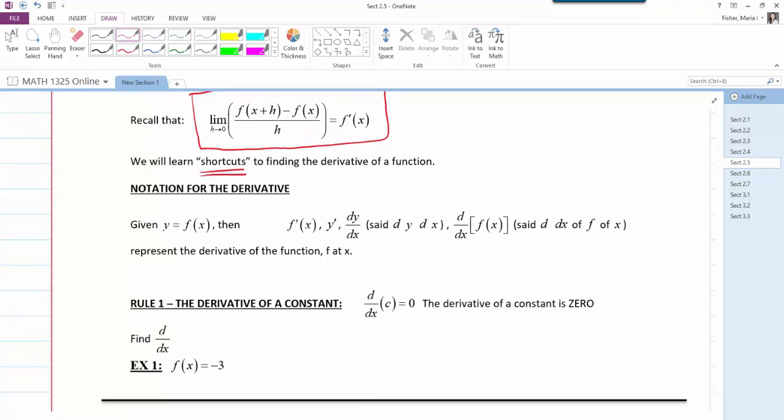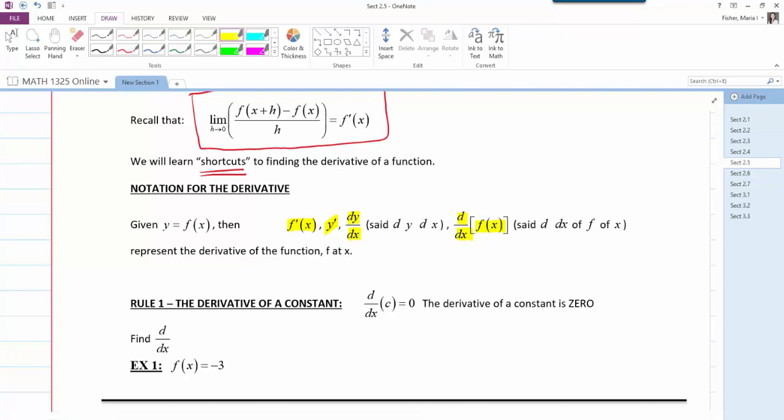Now, before we learn the shortcuts, let's get some notation down so that we can all be on the same page in terms of what we're looking for here. If you're given y equal f of x, then the derivative of that function can be represented by f prime of x, y prime, dy dx, d dx of f of x, or just the derivative of f of x for the last one.